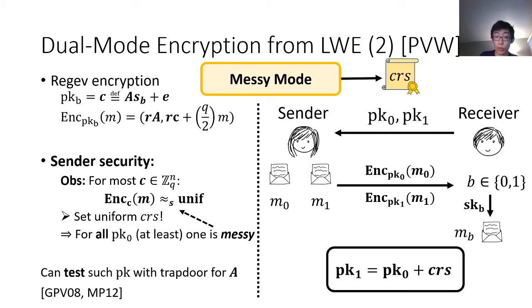So what we'll do is to set the CRS to be a uniform offset vector, and we can argue that with good probability over the CRS, for all choices of PK0, at least PK0 or PK1 will have this property. In particular, there's a way to test whether such a public key is messy with a trapdoor for the matrix A, using lattice trapdoor techniques, that gives simulation security.